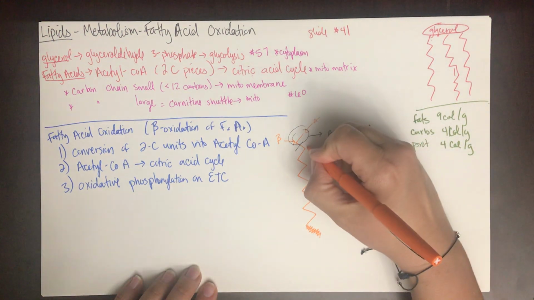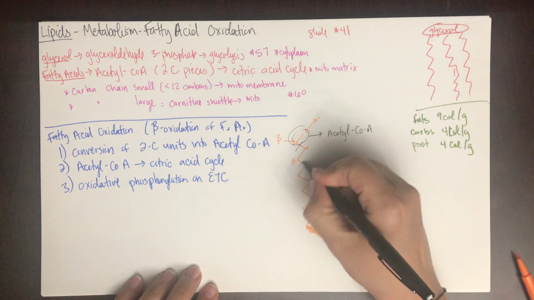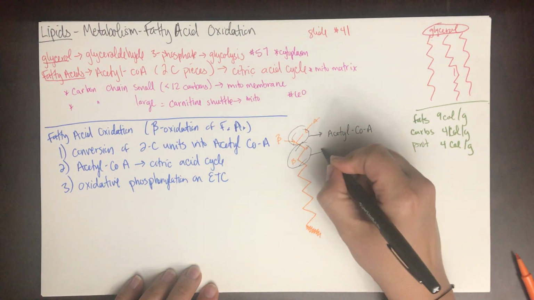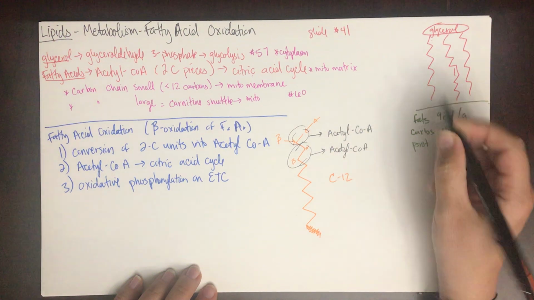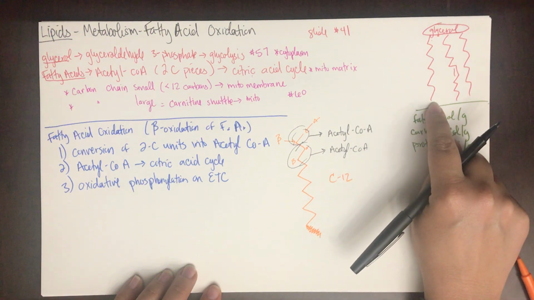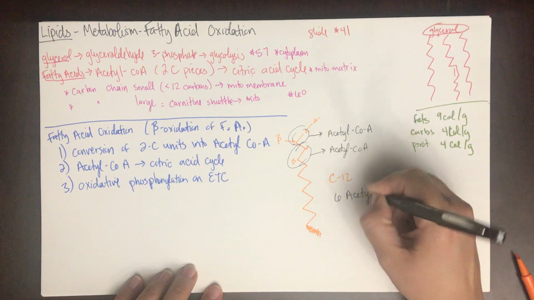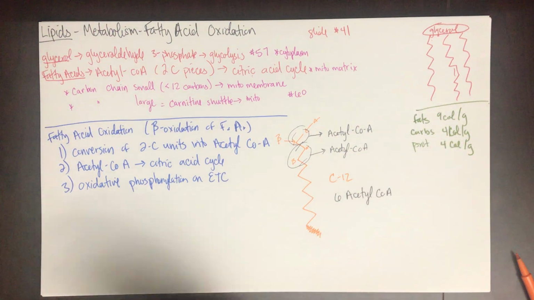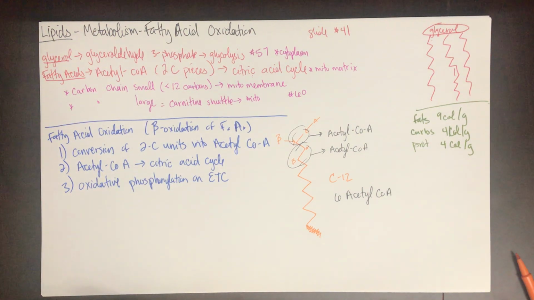Now this is the alpha carbon and this is the beta carbon, so then it would cleave here, and then this piece would go off to make an acetyl-CoA. So if you have a 12 carbon fatty acid chain, you could make 6 acetyl-CoAs.